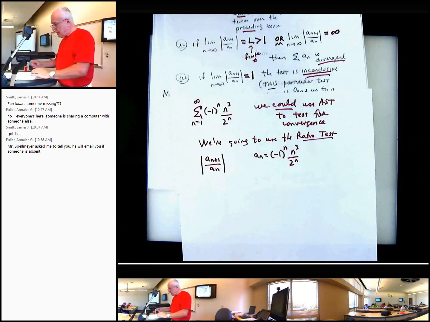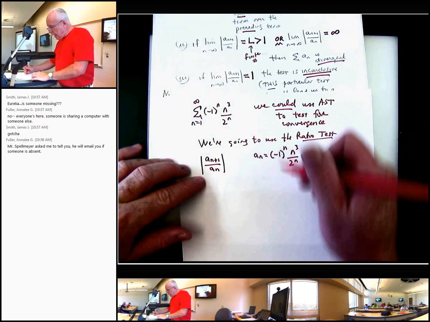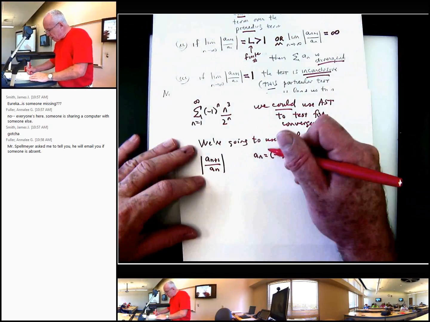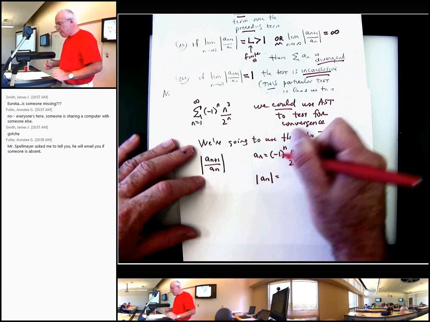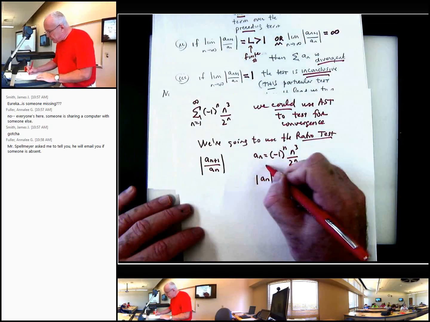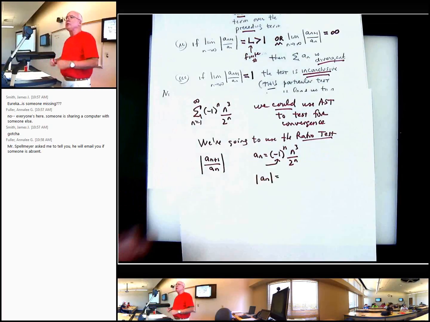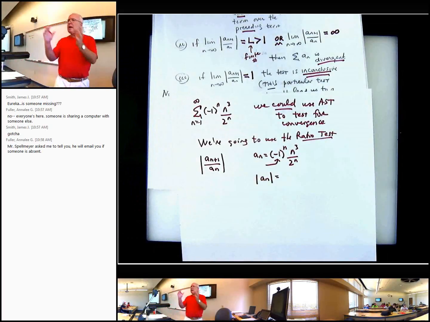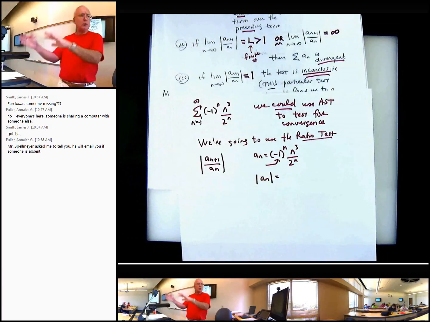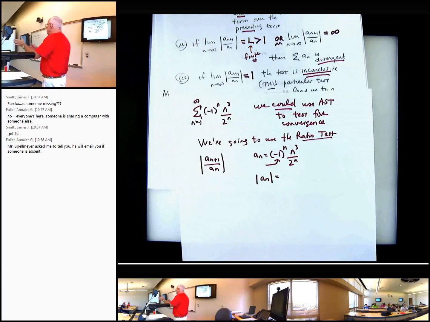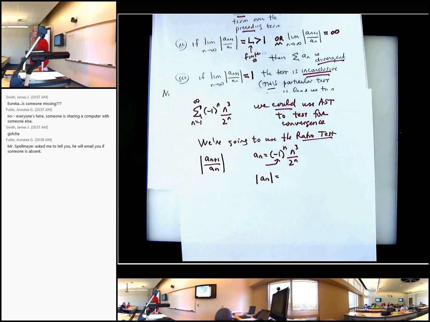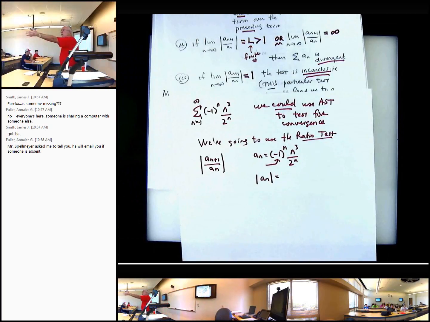Now, first of all, when I put absolute values around this thing, what's going to happen to this (-1)^n? Remember, that flips between negative 1 and plus 1. If I'm looking at absolute values, what's going to happen to that? It'll just say plus 1, right? Because absolute value is always positive.